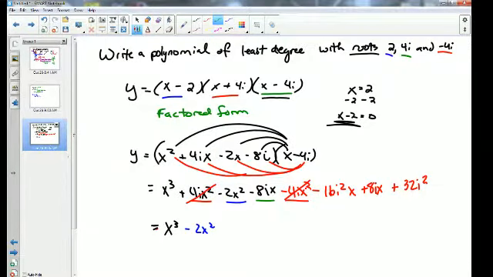What about ix's? Oop, how about that? So for the 16 and the 32, would you just subtract 16 from 32? Yeah, 32 minus 16 is plus 16 i squared. Do you know how to deal with i squared? Yes, it's negative 1, right? Yeah, so i squared is negative 1. So what we end up with is x cubed minus 2x squared minus 16.